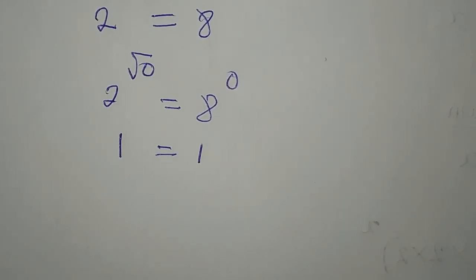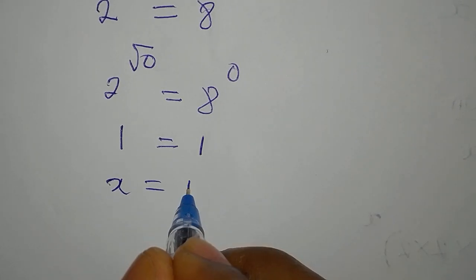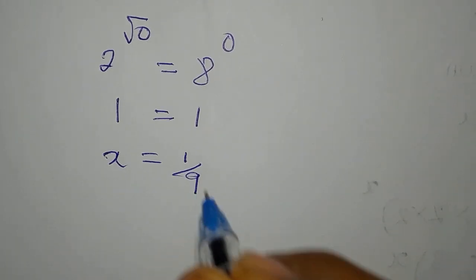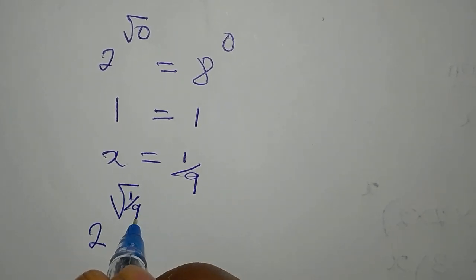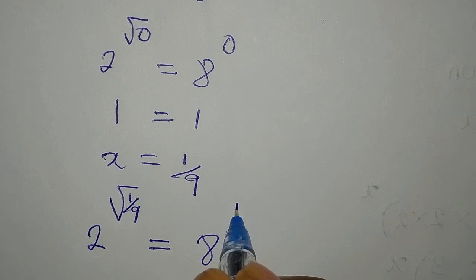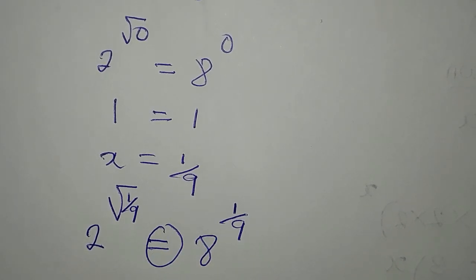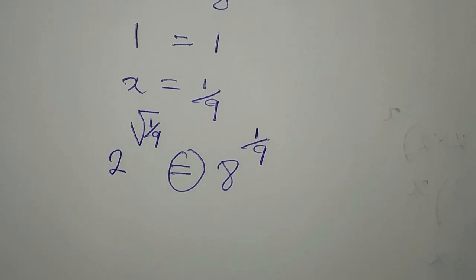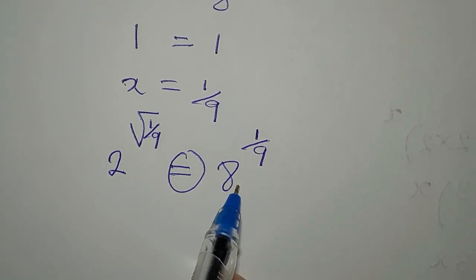Now, we're going to work with the next value of x, which is x equals 1 over 9. So this means we have 2 to the power of square root of 1 over 9. Then equal to 8 to the power of x, which is now 1 over 9. So do we know if the left hand side will be equal to the right hand side?